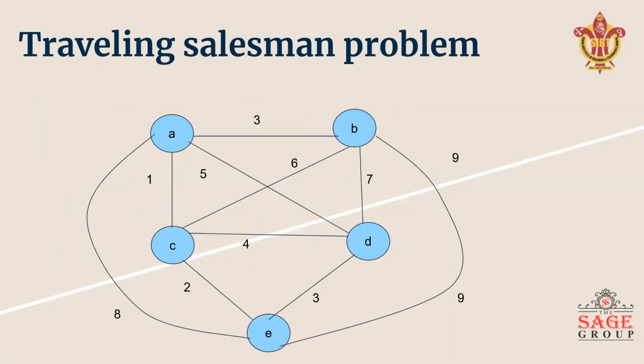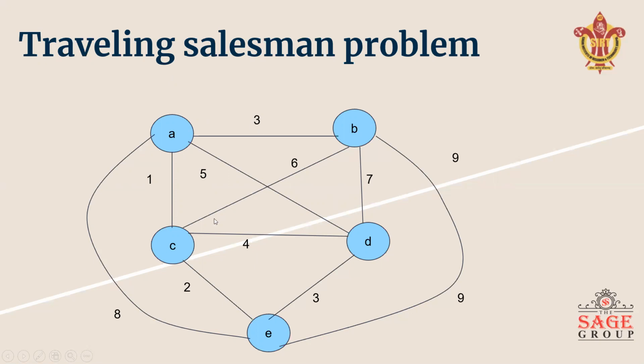So this is our example we are taking to solve. Suppose we have given these 5 cities A, B, C, D and E, and our salesman has to visit each and every city exactly once, and he is currently standing at city A here. Now, what we will do, and you can see here, there are weights given in this graph.